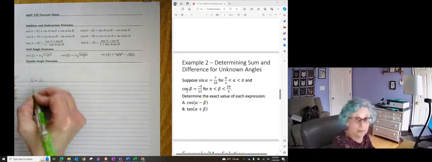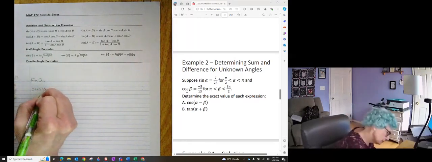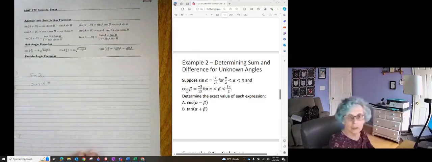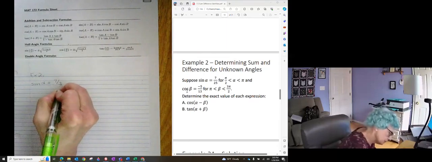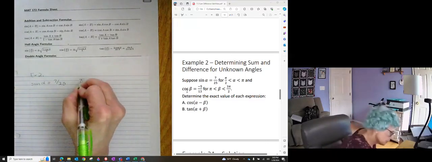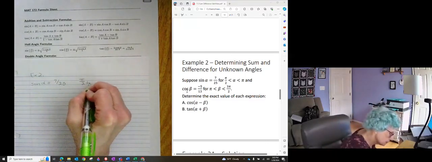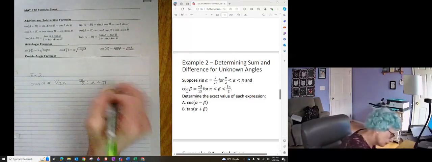So I'm going to start with alpha. I have sine of alpha is equal to 7 over 25. And I know that alpha is between pi halves and pi.